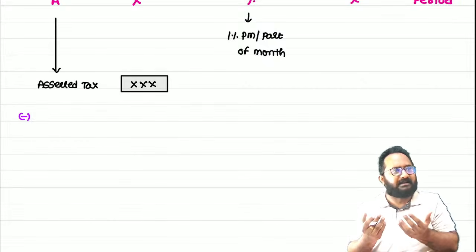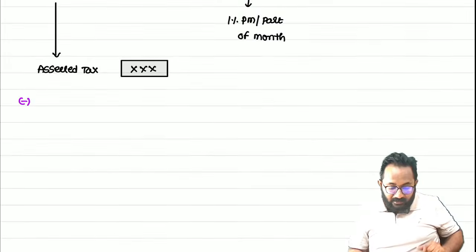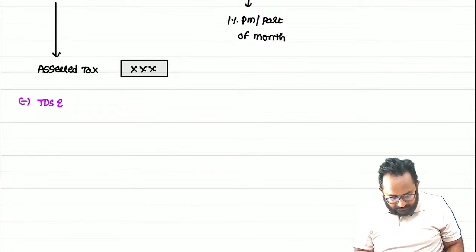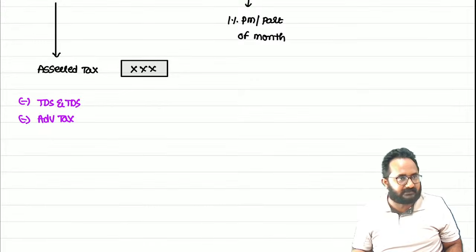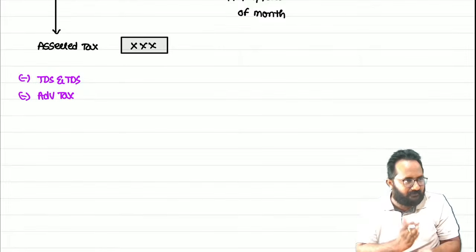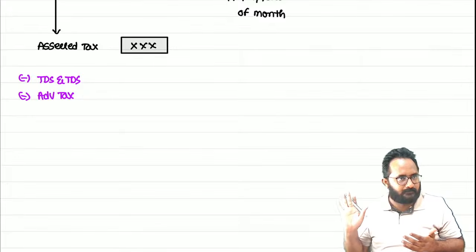You are not paying that tax. I already paid TDS and TCS during the previous year, and I also paid some advance tax. Some amount of tax I already cleared in the previous year. On that tax portion I don't want to pay interest.